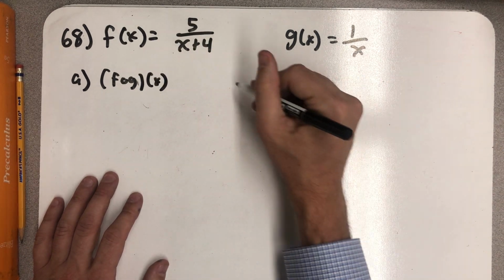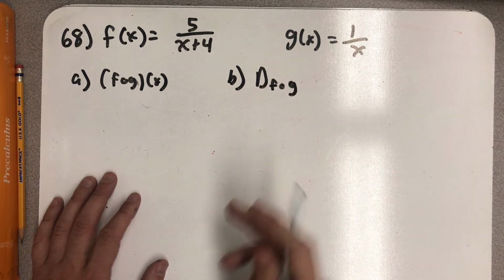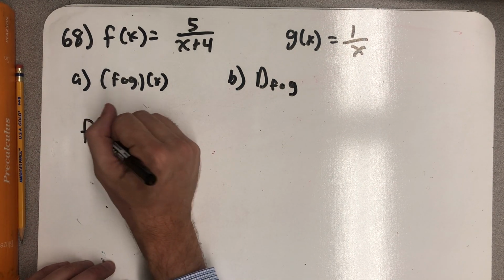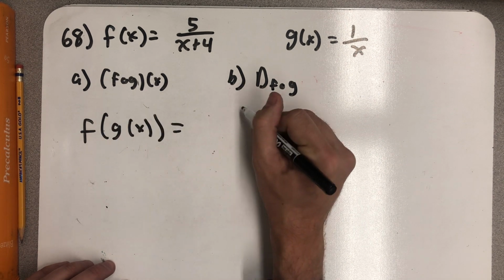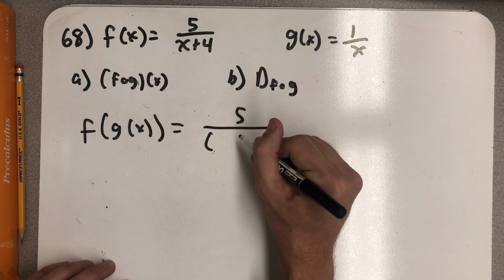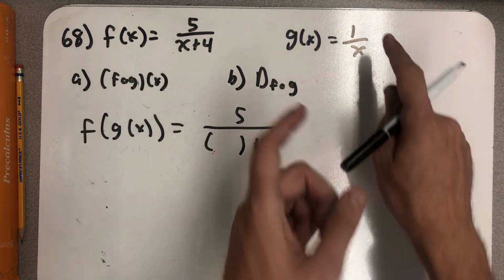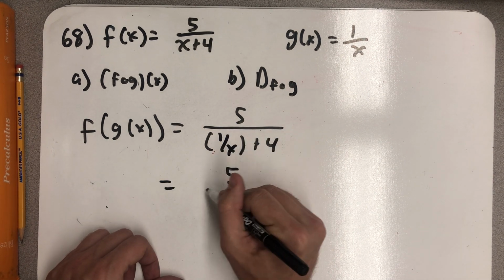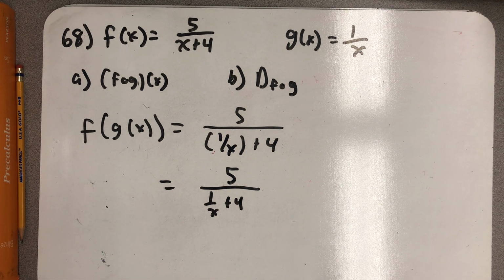Let's write down the composite function first. The outside function, 5 over something plus 4, plug in the function g. We would never, ever leave a compound fraction. We might have to use this later on, so we're going to simplify it.